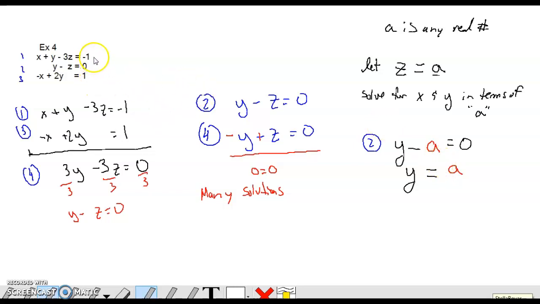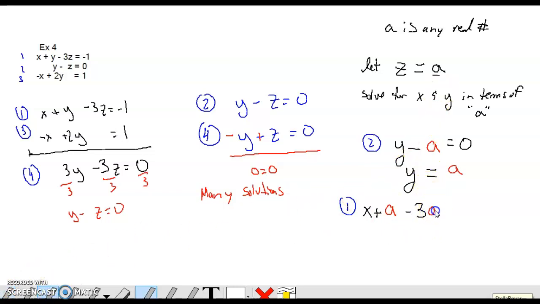So I can either use the first equation because it has an x, or I can use the second equation because it also has an x. I like my x's to be positive, so I'm going to use the first equation. So again, this will become x plus, now instead of y, I know my y is an a. So an a, minus 3. And then what is z?